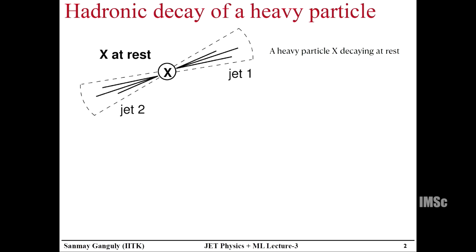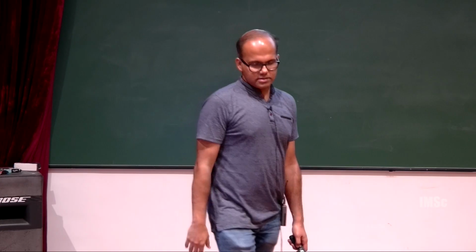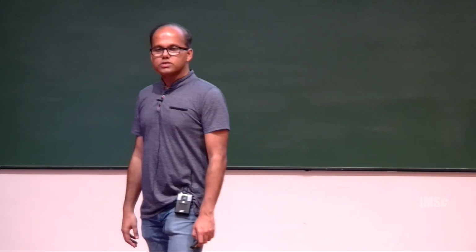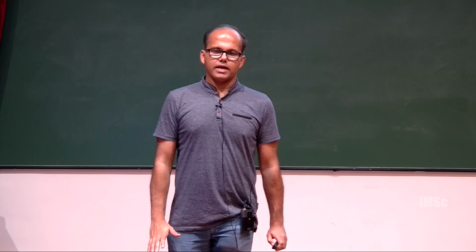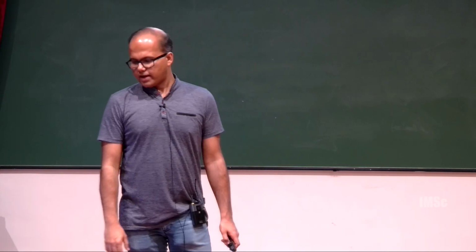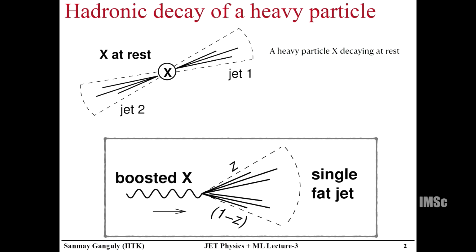However, our anticipation is that at the LHC, if such heavy particles exist in nature, they will be created with sufficiently high boost compared to the laboratory frame, and they will decay on flight. So this is what we expect, a boosted heavy particle decaying on flight.